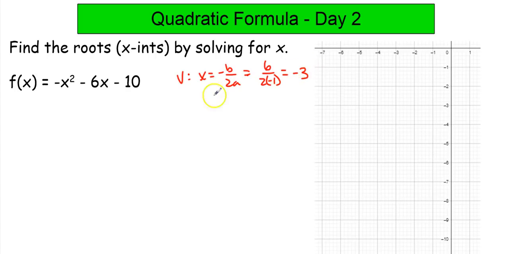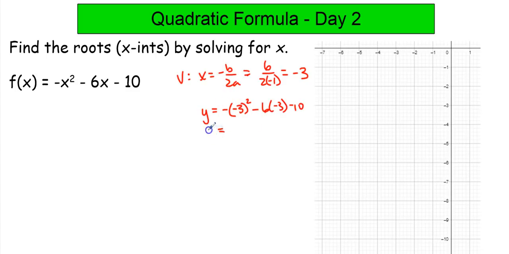For the x value of the x coordinate of my vertex, take that number and plug it back in, and we can find the y value. And you got to be careful when you plug these in. It's going to be negative 3 squared minus 6 times negative 3 minus 10. That's going to give me my y value.